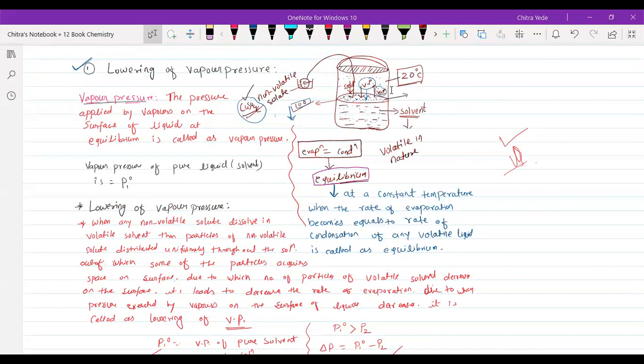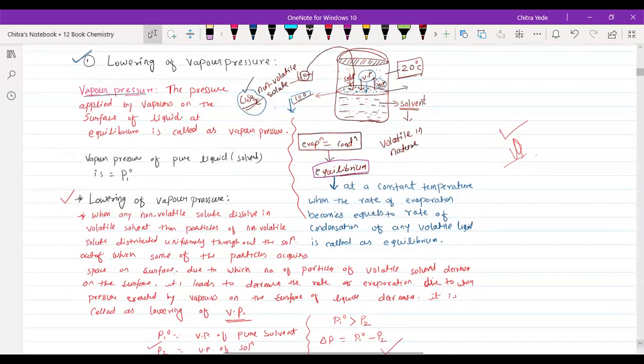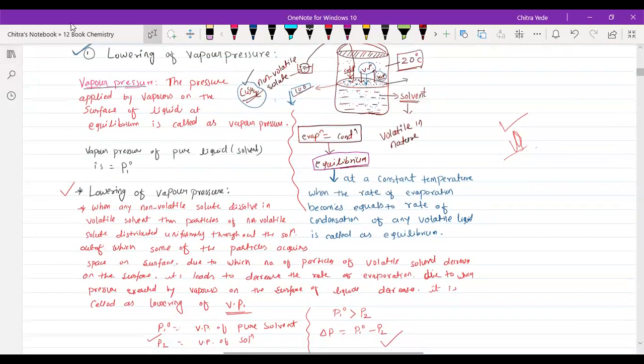Okay, and repeat it once, beta. That lowering of vapor pressure is very, very important. Repeat it once and let me know if it is done. I am here only. You have 2 minutes to repeat it.